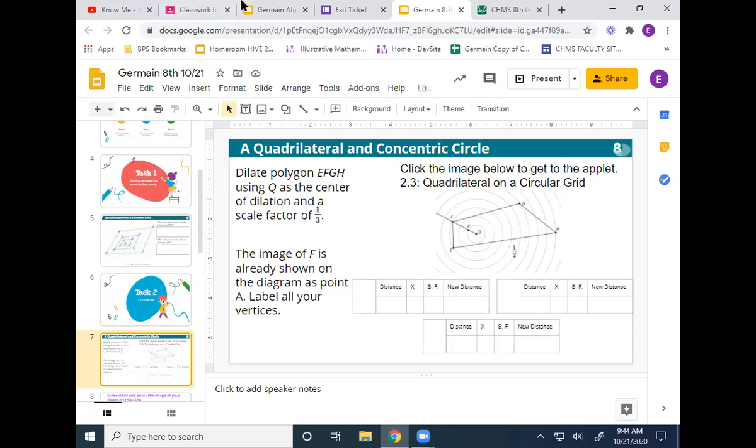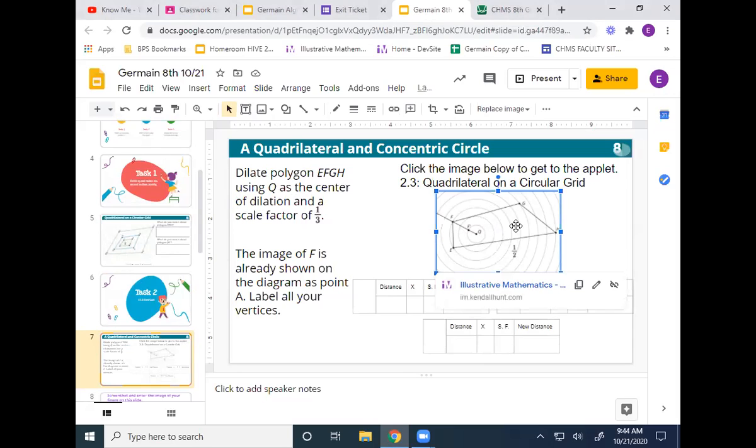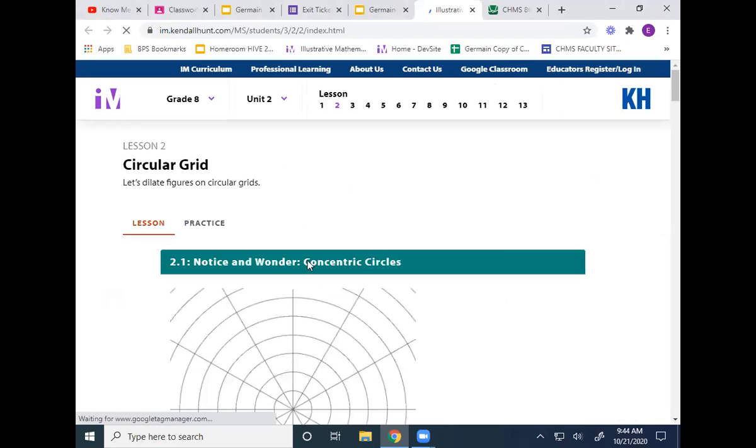So what I need you to do now is, I'm going to mute this chat. We need to dilate polygon EFGH using Q as the center of dilation and a scale factor of 1/3. I need you to click on this picture, and it's going to open up a link just like I did here.